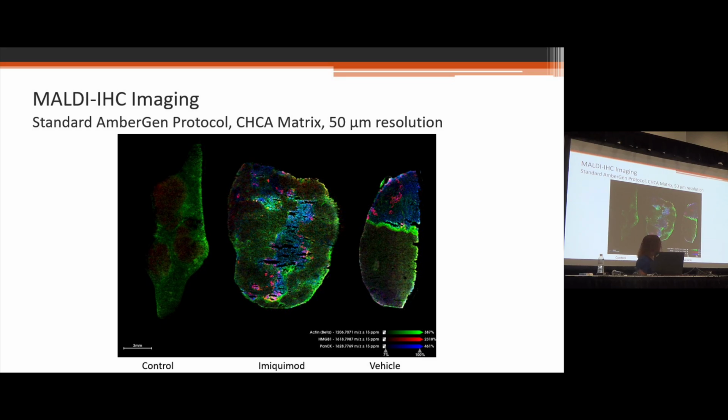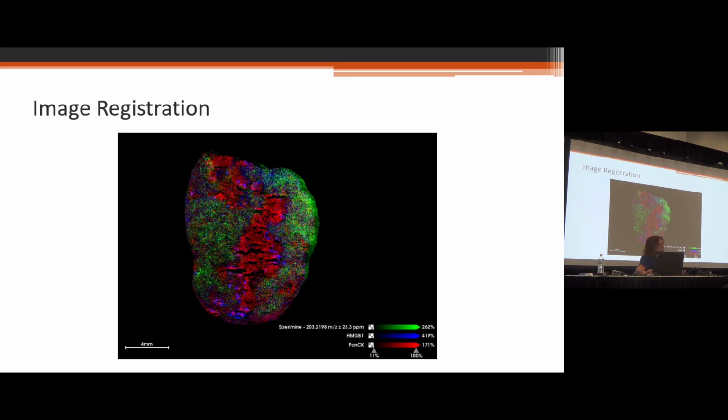Beta-actin is in green, HMGB1 is in red, and pan-CK is in blue. And so we can see good localization and some correlation of localization of some of these proteins with different features in the samples. And then again, we can co-register since these are collected from the same samples. I just focused on the one that was drug treated.